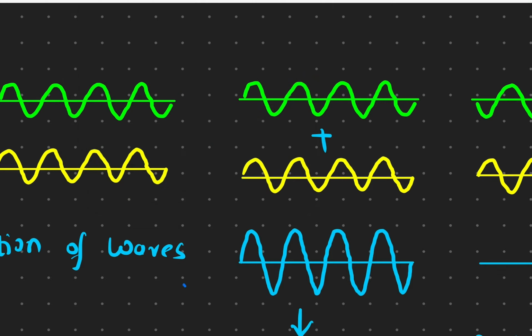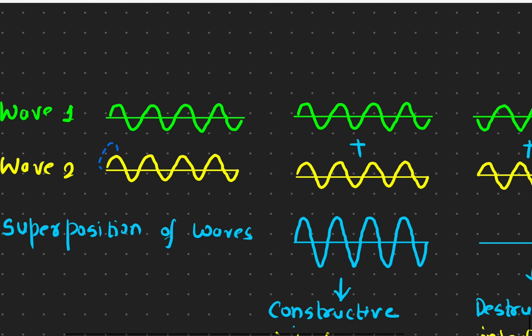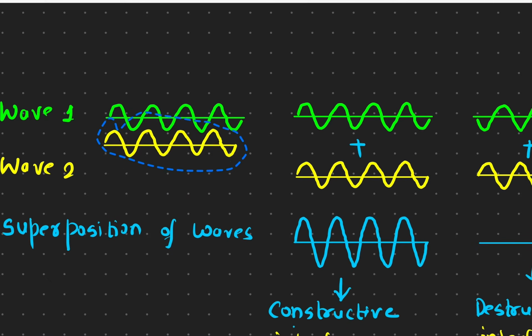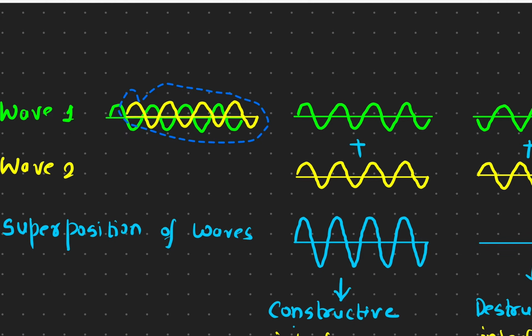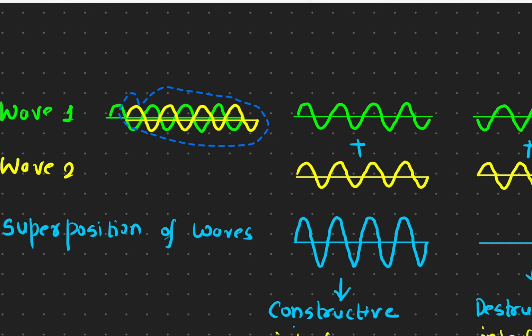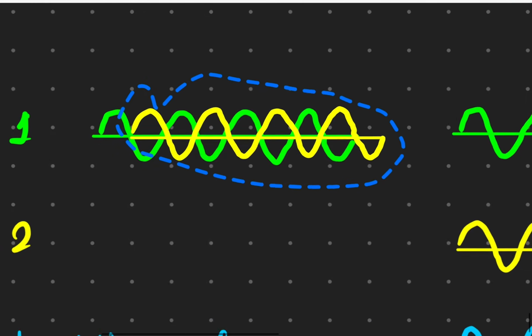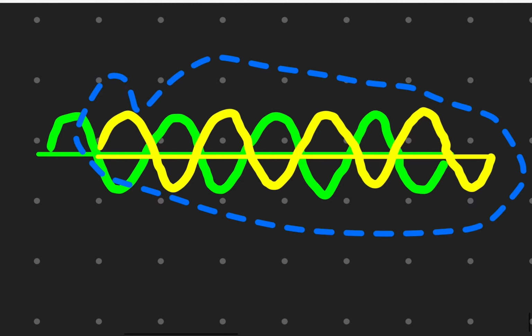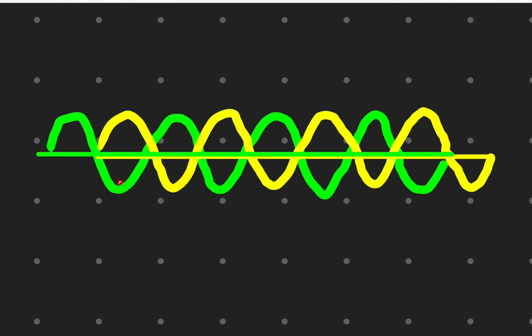Now what happens in the other case? If I take another example where the wave is exactly like this, and I add the two waves together, for example, let's call this -1 and this +1. If I add them together, what number will I get? I'll get 0. If I add 0 and 0, I'll get 0.